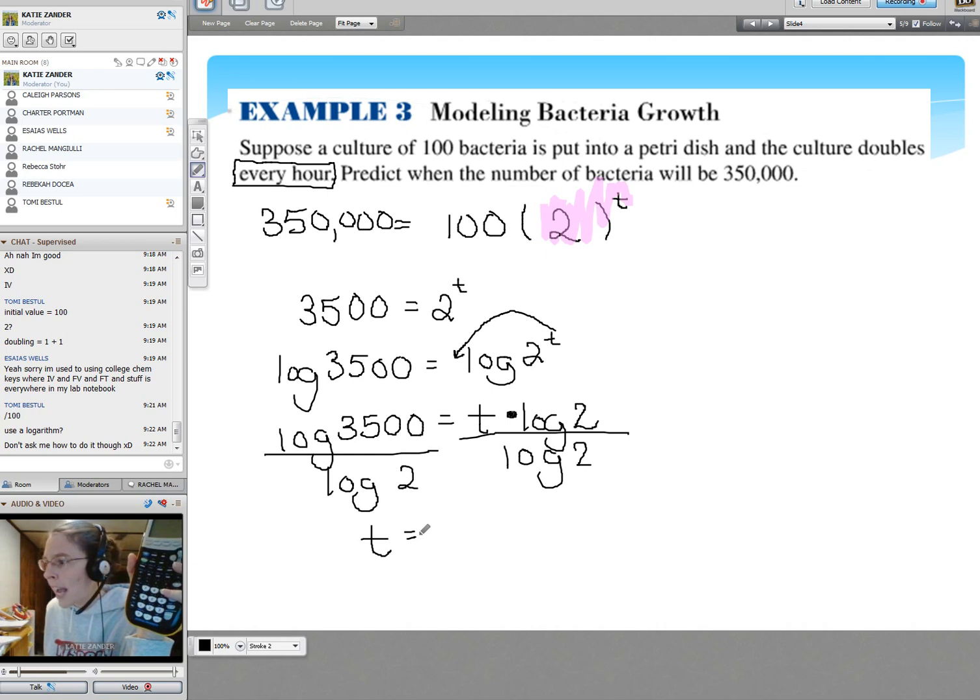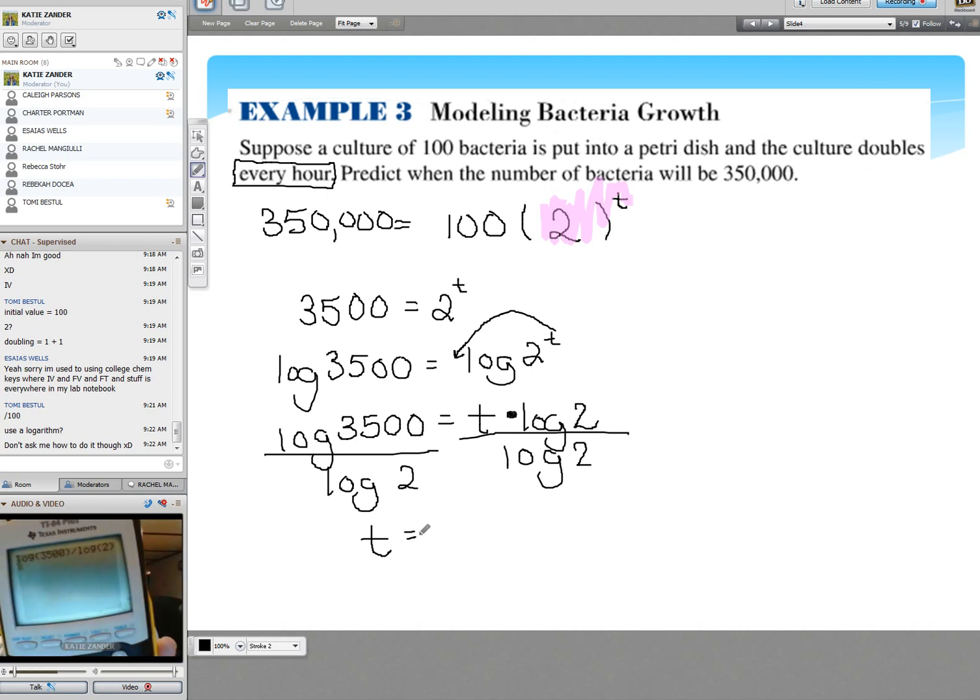So if you're in Scientific View, you should have a log button that you can use on there. As we are entering this in, log of 3,500 divided by log of 2, make sure you're putting parentheses around those values of 3,500 and 2. And when you hit equals, it should give you the time.